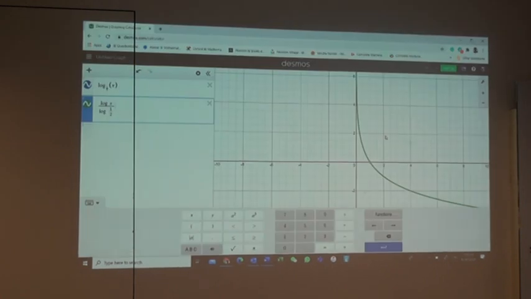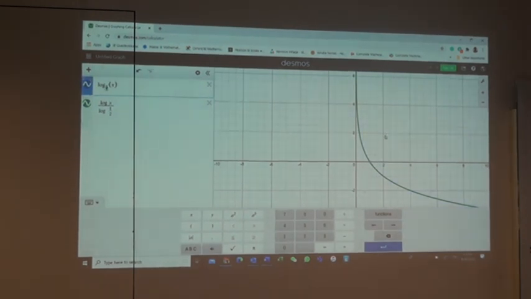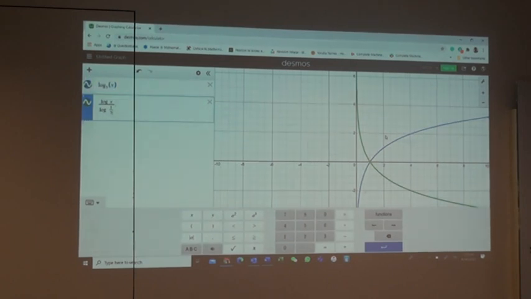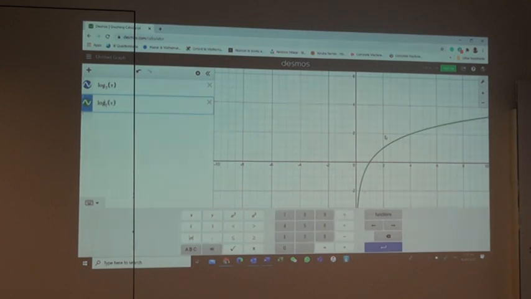So log x base 2, log x base 3, log x base 10.